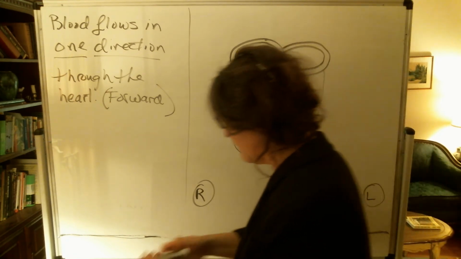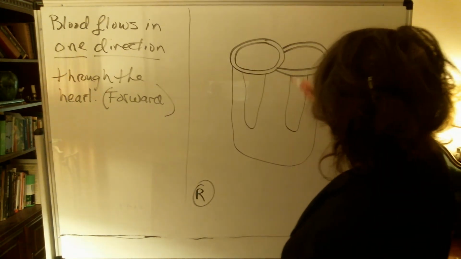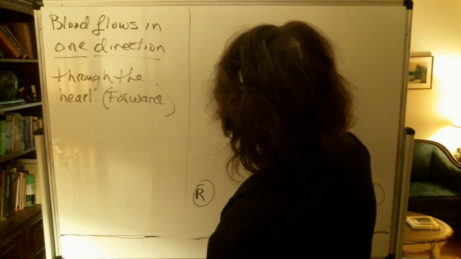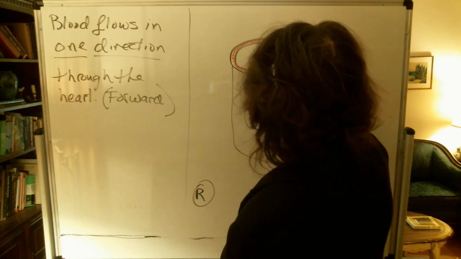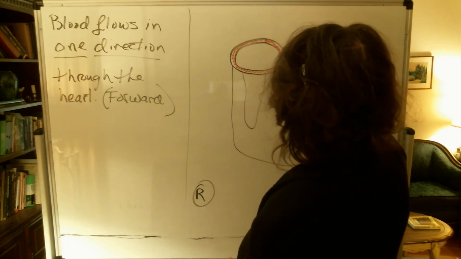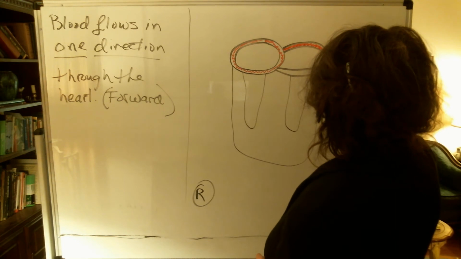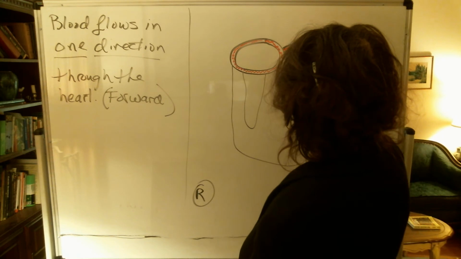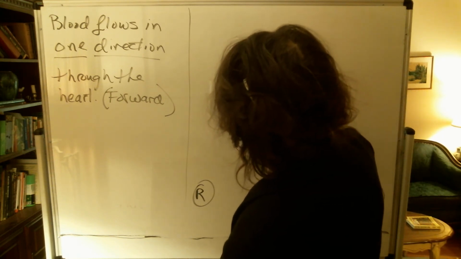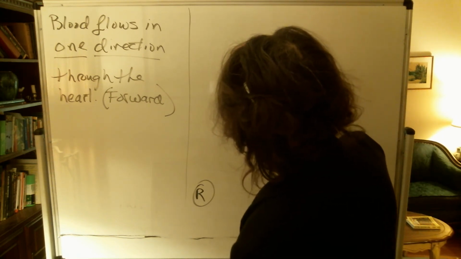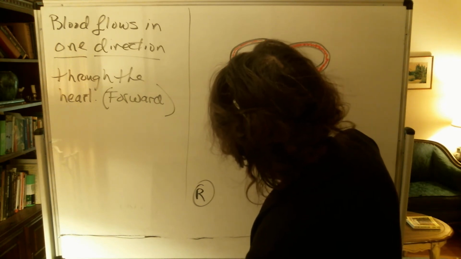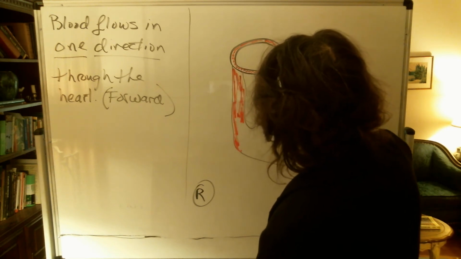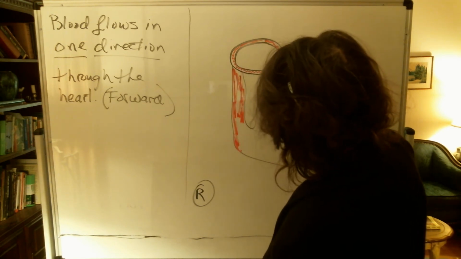So what you need to remember here is that all around here I'm going to be using red just to indicate muscle. So the point is all of this is muscle. Now in reality, atria are small. They can almost be hard to find sometimes. So I'm drawing them far out of proportion to how they look in real life. And the ventricles, on the other hand, do have much thicker walls than the atria.